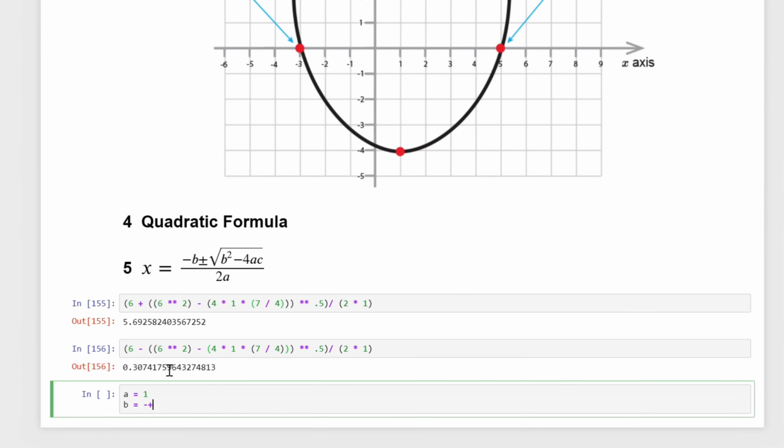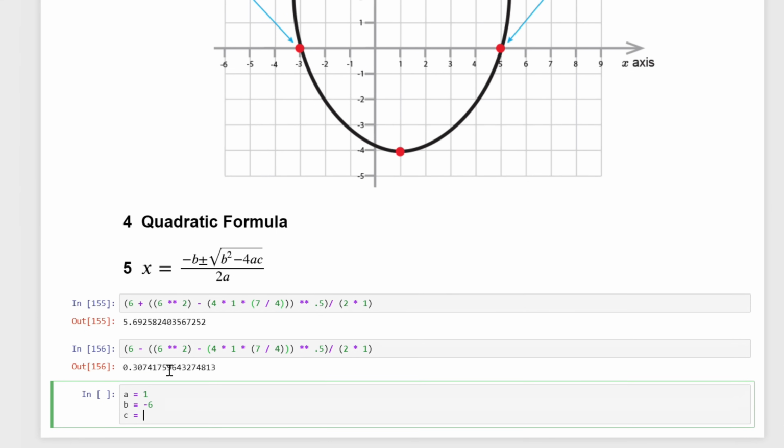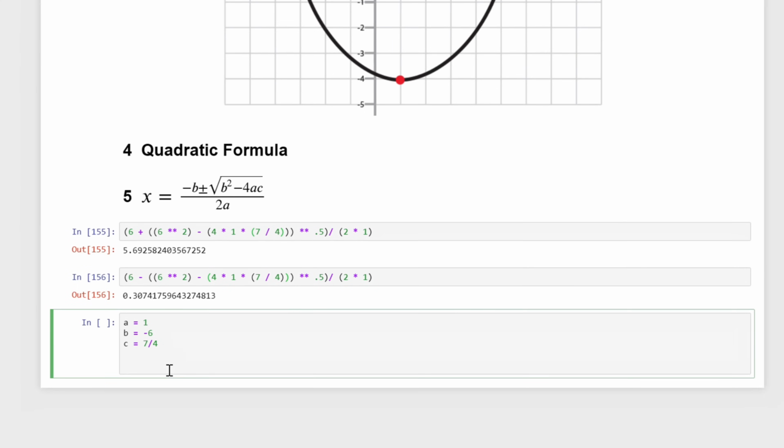And we talked about this before when we were talking about variables, but maybe a cleaner and easier way of handling this would be to set a, b, and c as variables and then make this in terms of a, b, and c. So you have negative b plus the square root of b squared minus 4 times a times c.